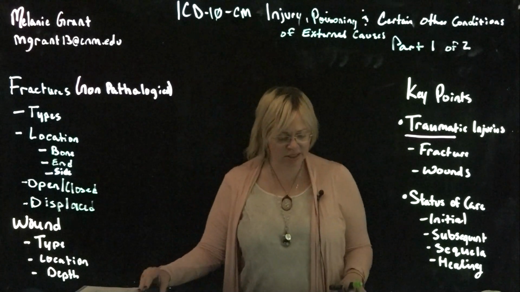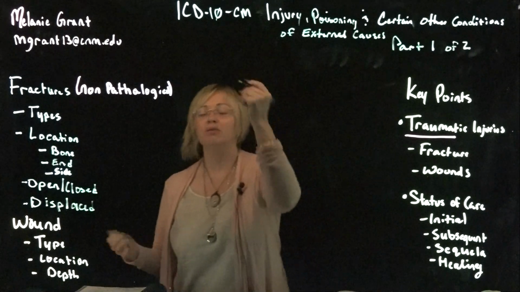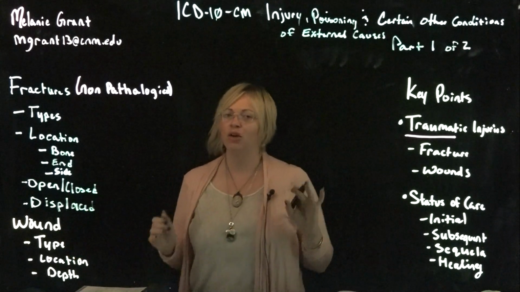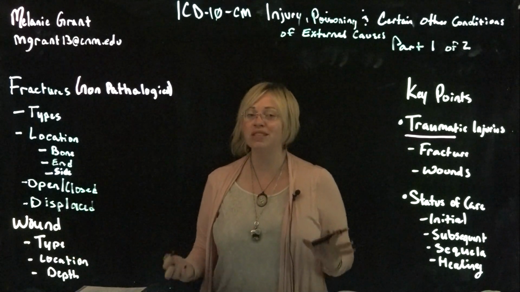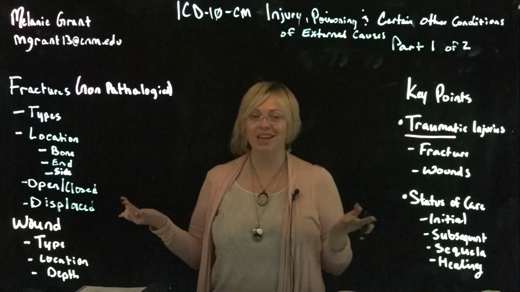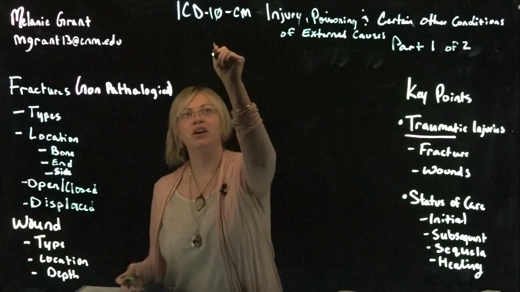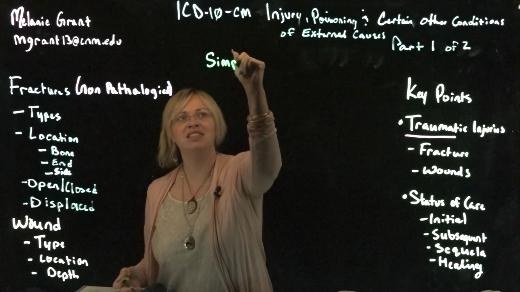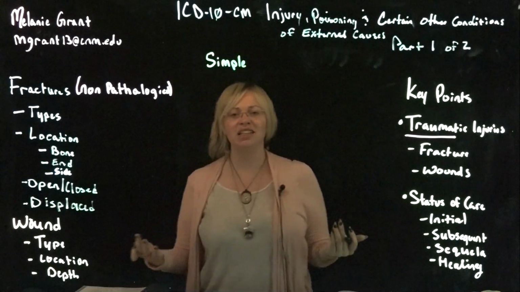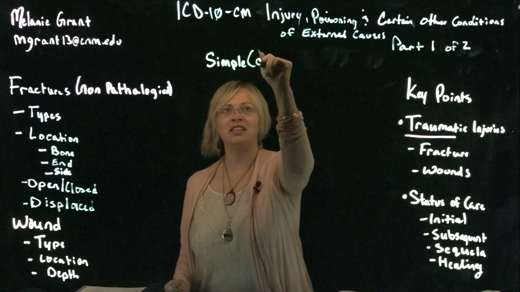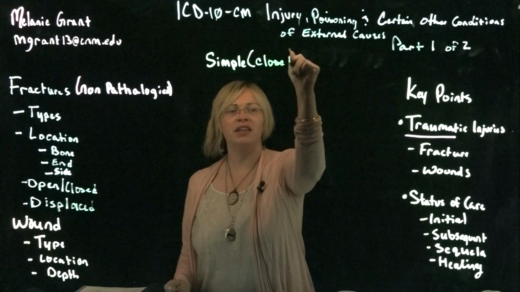So you'll notice that for a simple fracture, now we never assume anything. We always remember our golden rule: if it's not documented, it didn't happen. But something that's documented as simple is easy enough to identify as closed.